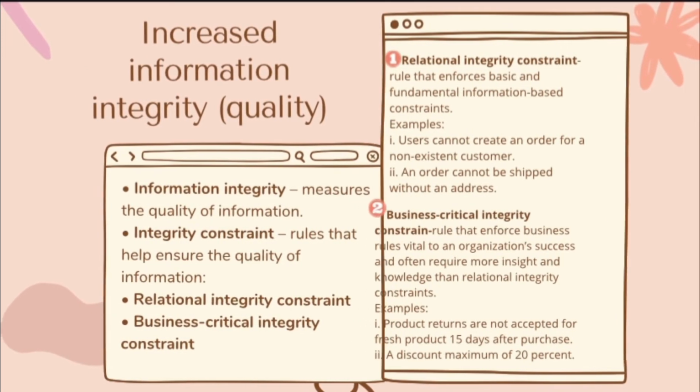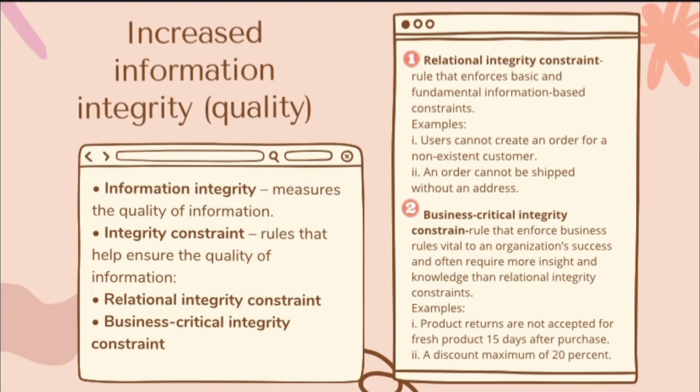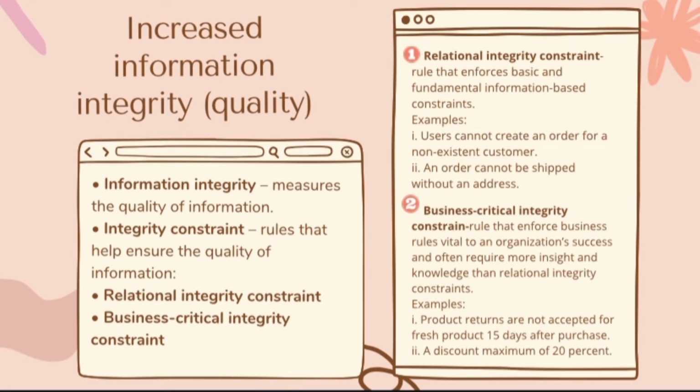Relational database model can also increase information integrity, quality. Information integrity measures the quality of information, while integrity constraints are the rules that help ensure the quality of information, which are relational integrity constraint and business critical integrity constraint.